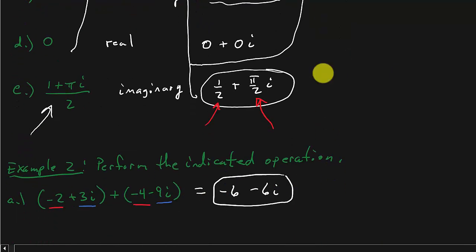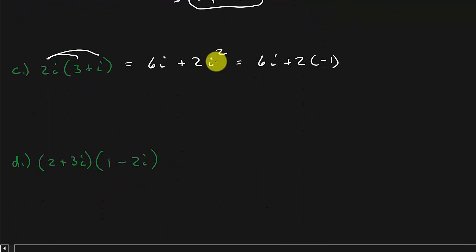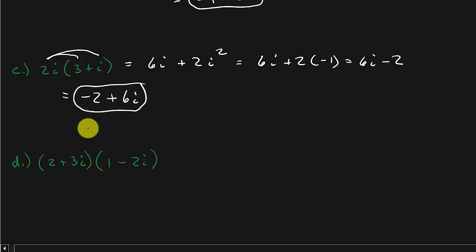So all I did is I changed the i squared to negative 1. And so this gives me 6i minus 2. And so this is equal to negative 2 plus 6i. See, I'm writing it in the form a plus bi.